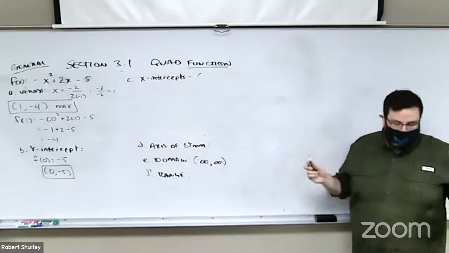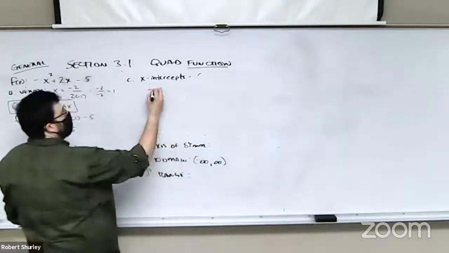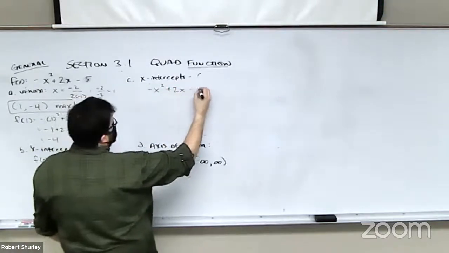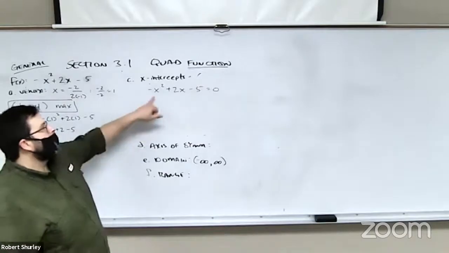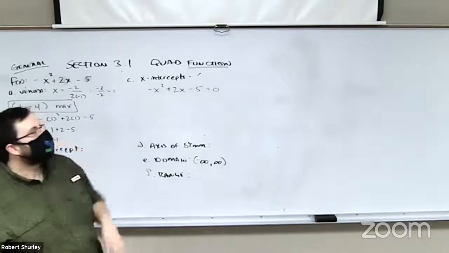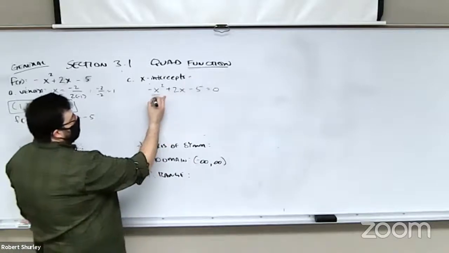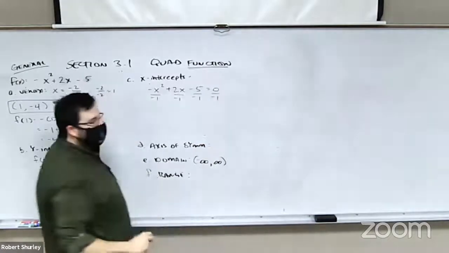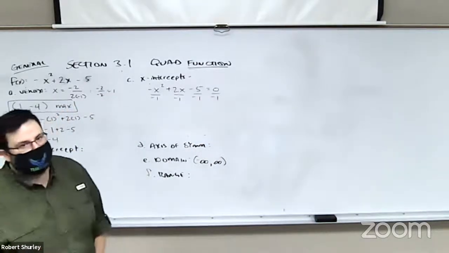So let's try to find these x-intercepts. I'm going to set this whole thing equal to 0. Now I'll tell you, I like a positive x squared, so I'm going to do a little trick here and divide everything by negative 1. That's purely because if we use the quadratic formula, it's easier if the a is positive.